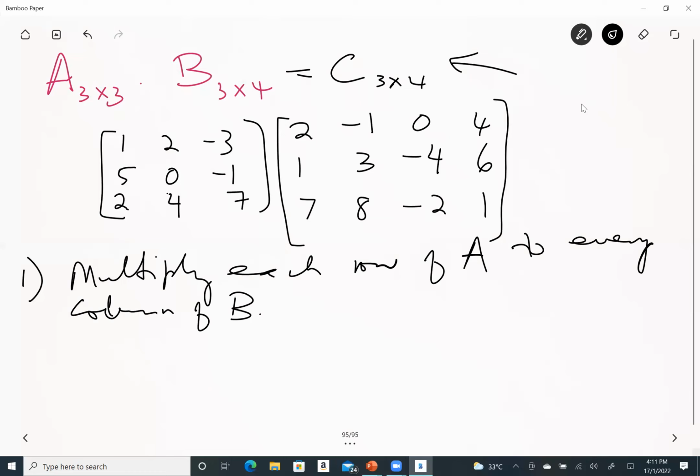Multiply each row of A to every column of B. And that principle of multiplication is the one that we knew already, the one that I showed you earlier. Okay? All right.